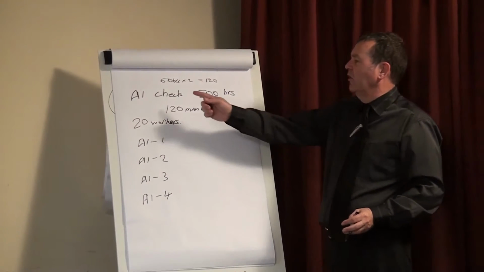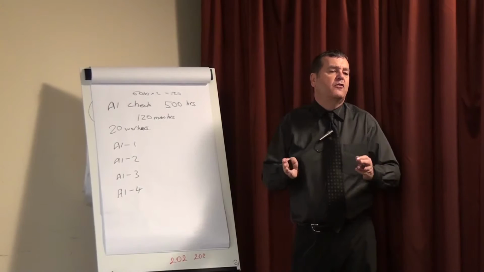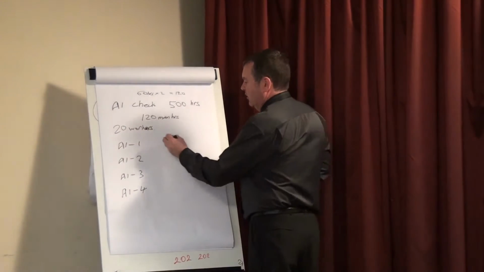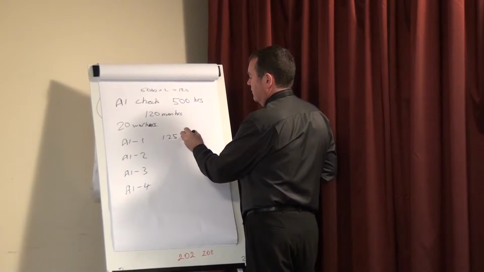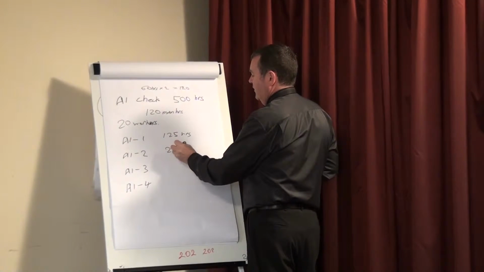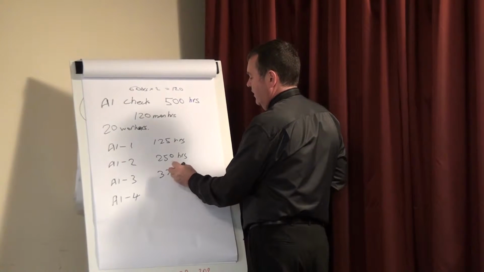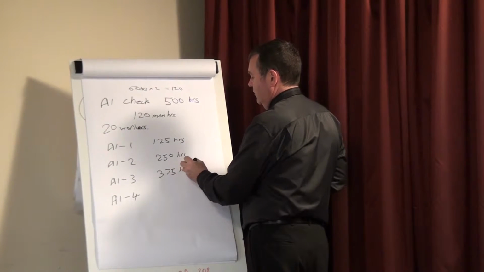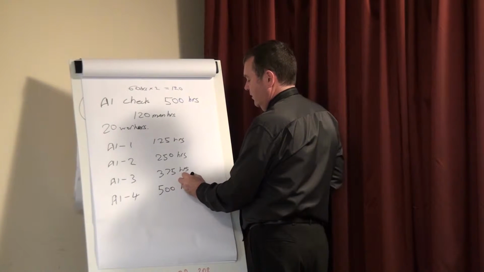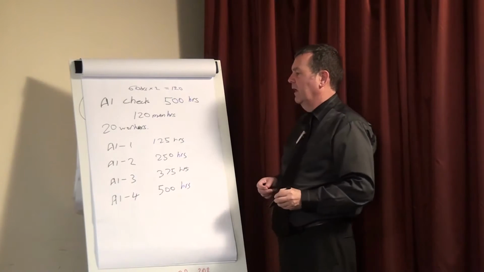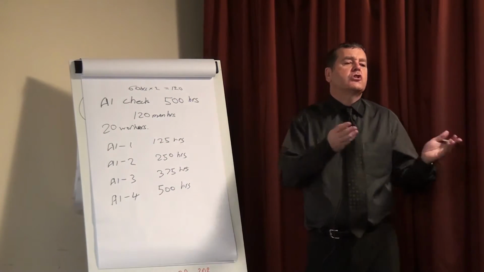And basically, we've divided the content of the A1 check into 4 packages. And so we're going to do that at 125 hours, 250 hours, 375 hours, and 500 hours.